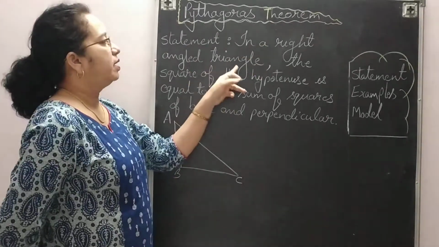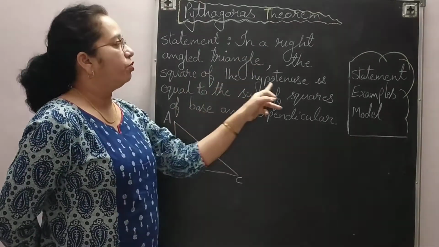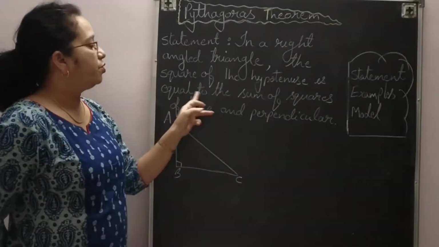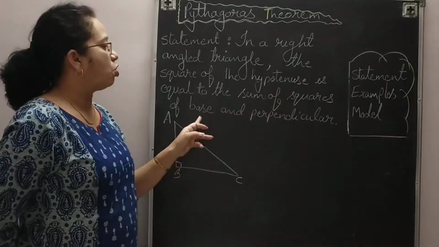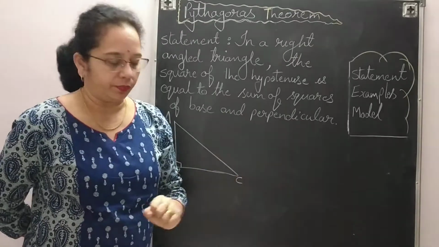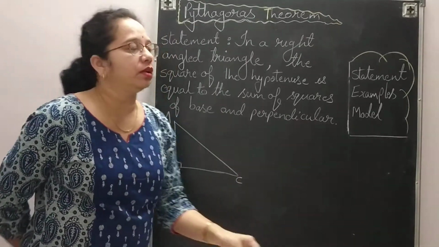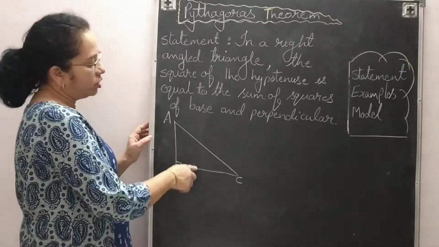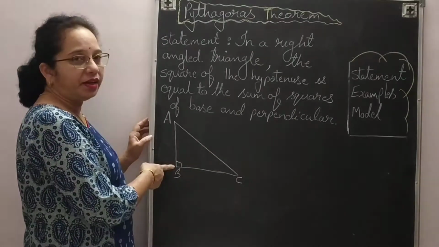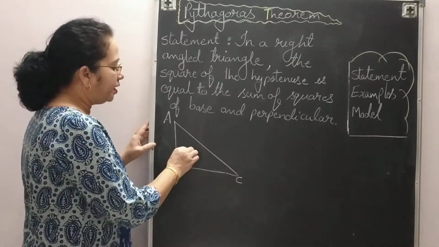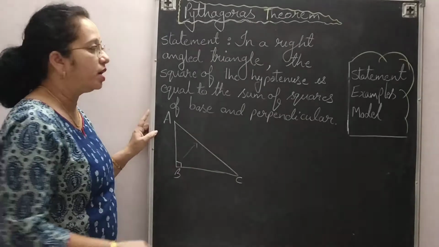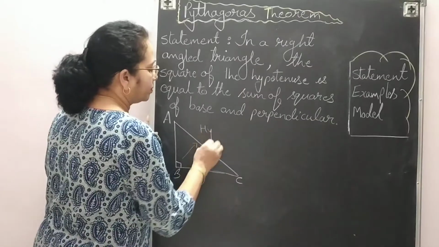So in a right angle triangle, the square of the hypotenuse is equal to the sum of squares of base and perpendicular. So first let me explain the terms here. This is your right angle triangle, this is 90 degree. Opposite to 90 degree, whatever side is there, that is known as hypotenuse.